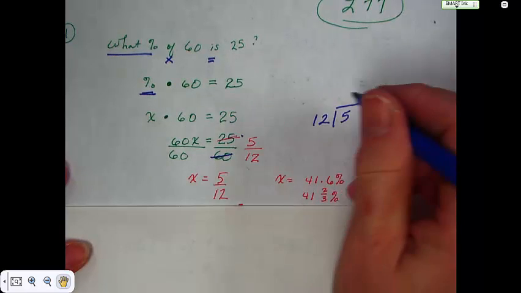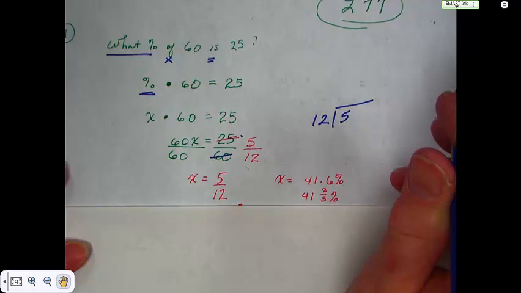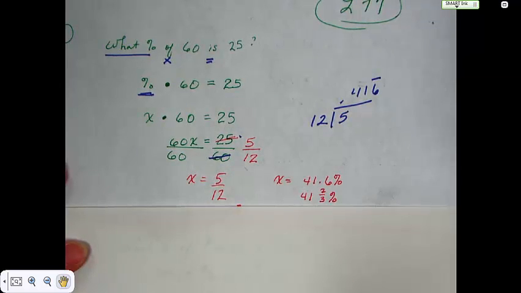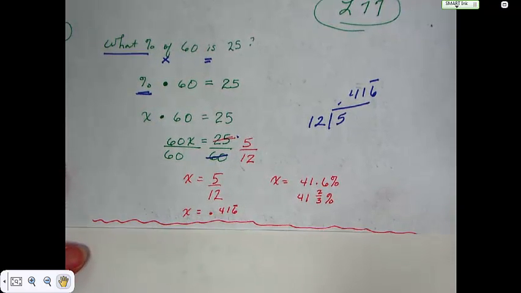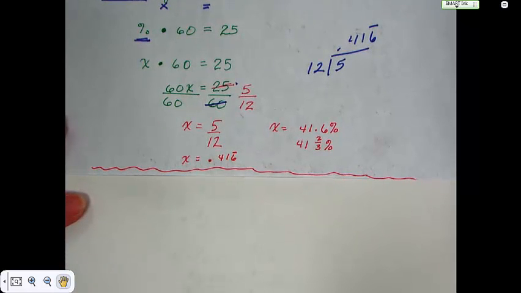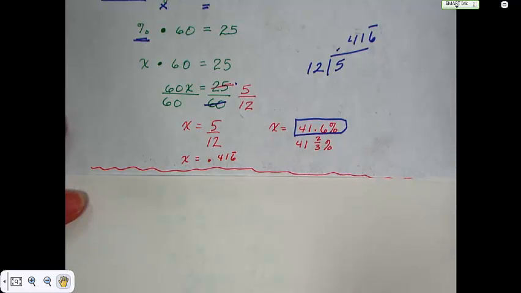You get 0.416 repeating, which is 41 2/3 percent, or 41.6 repeating, however you want to write that. If it's for a percent, you have to turn it into a percent, which is 41.6.